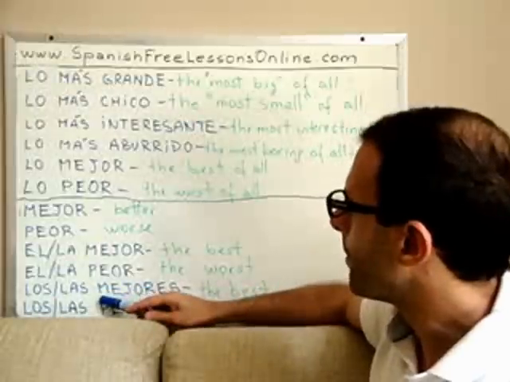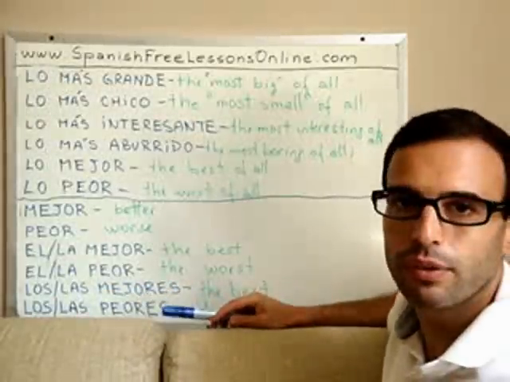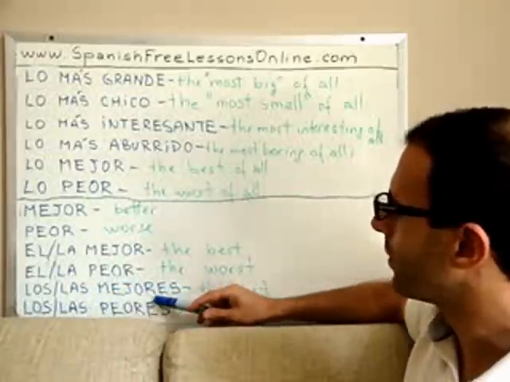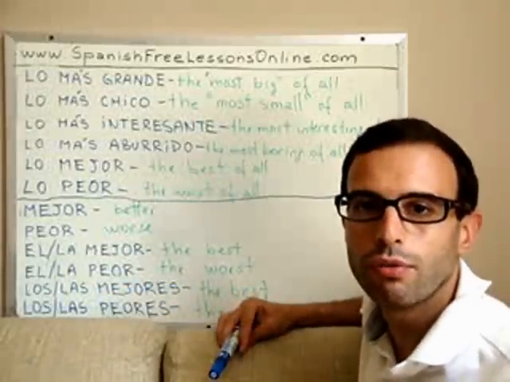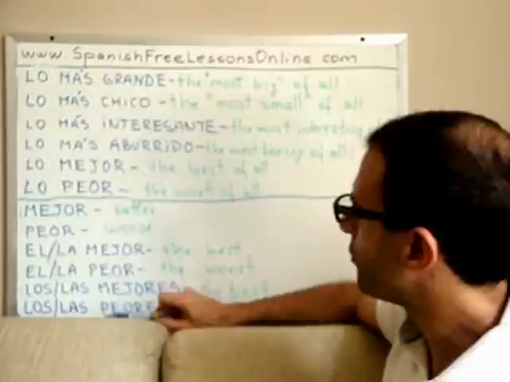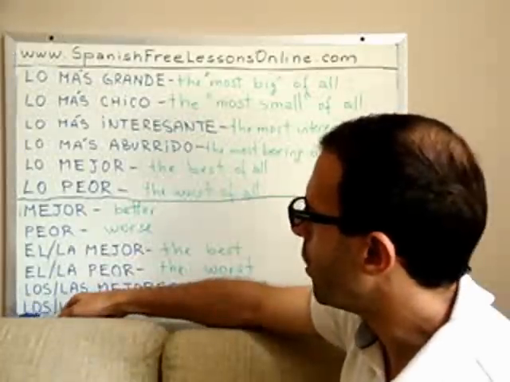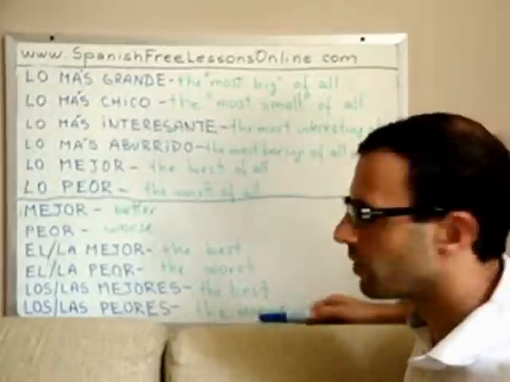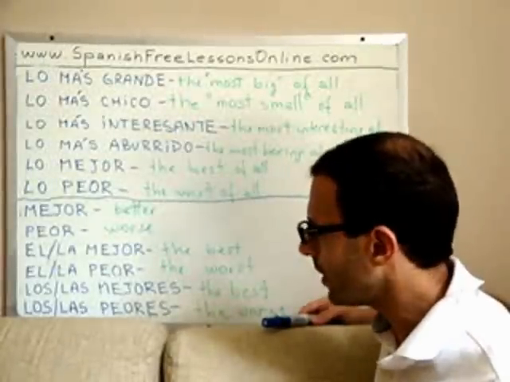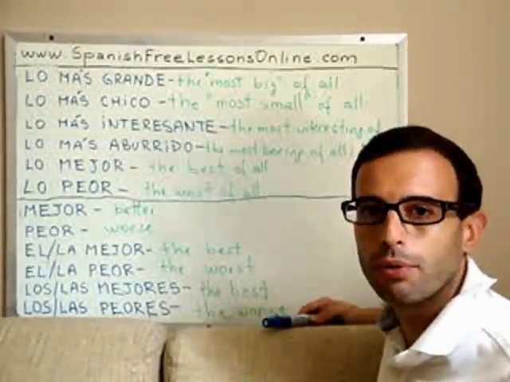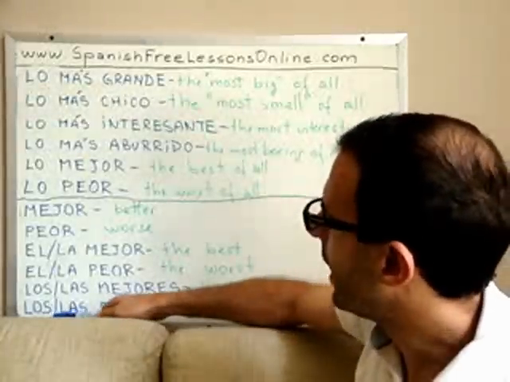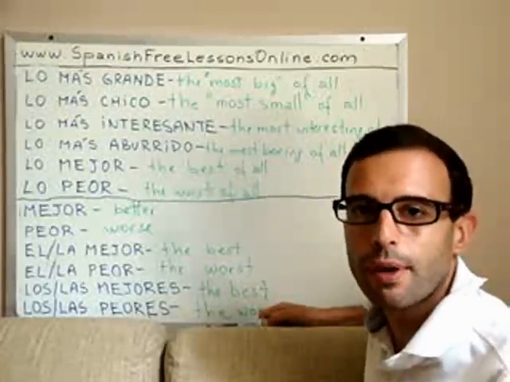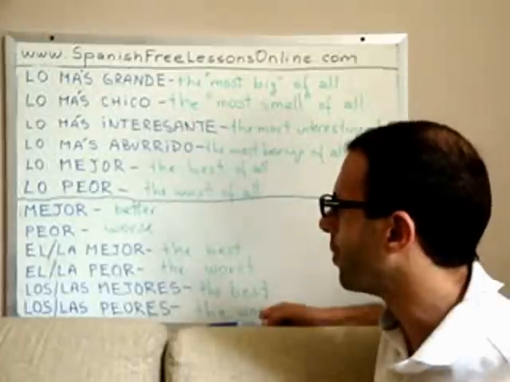Los mejores, the best, referring to a plural, masculine, or las mejores, the best, referring to feminine, plural. And for peores, we have los peores, that's the worst, for masculine, plural, and las peores, referring to feminine, plural, to say the worst.